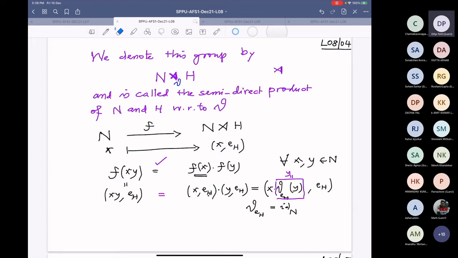So therefore we checked it is a group homomorphism. Next thing I want to check is that it is a normal subgroup.